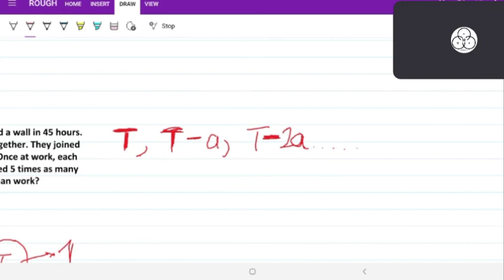The last woman worked 1/5 of the first woman, so the last woman worked for T by 5.